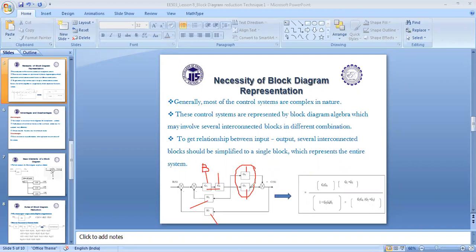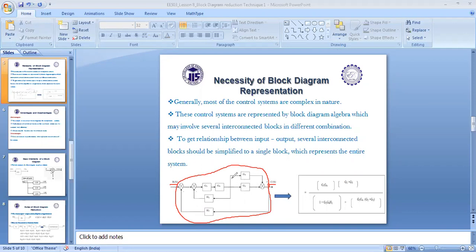Now, see, different combinations can be there, but why block diagram reduction technique is important? See here, C(s) is output, R(s) is input, and this represents the entire system. In this entire system, several blocks are connected in different combinations.